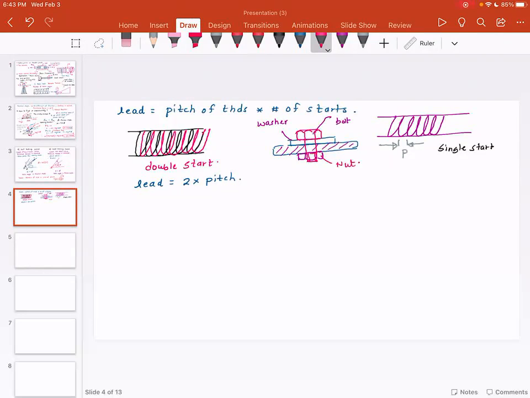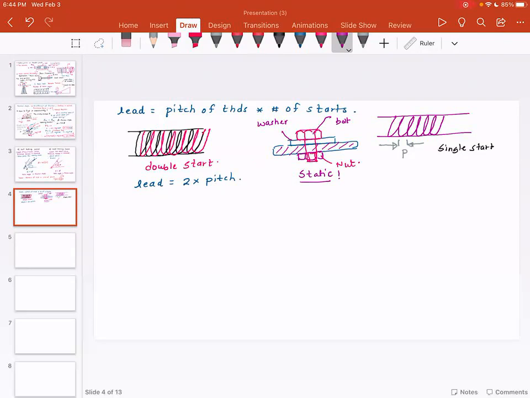So if you have a nut, bolt, and washer assembly, you will not see a double start screw, because please understand this is a static operation. The entire assembly is going to remain in this condition all the time. In this particular case, the nut and bolt assembly is used for joining purposes.